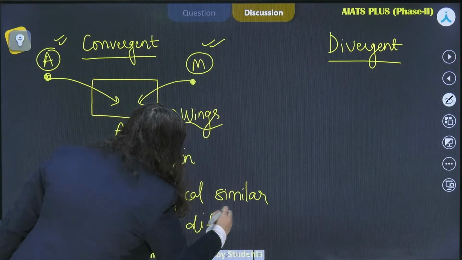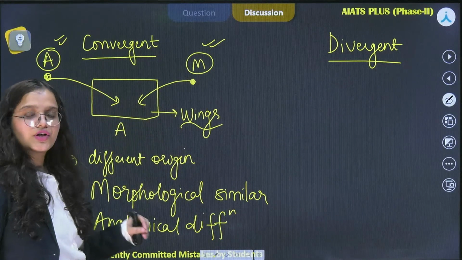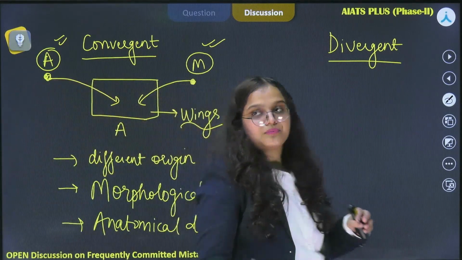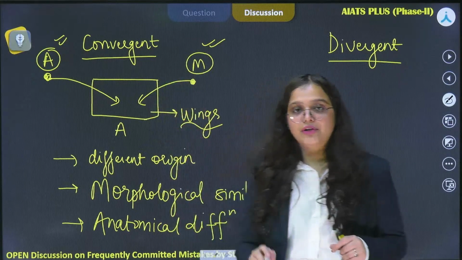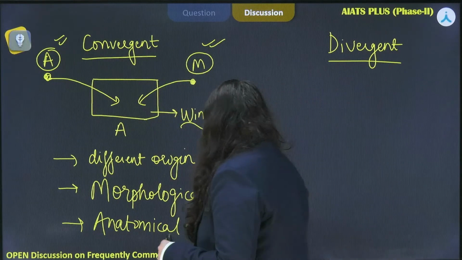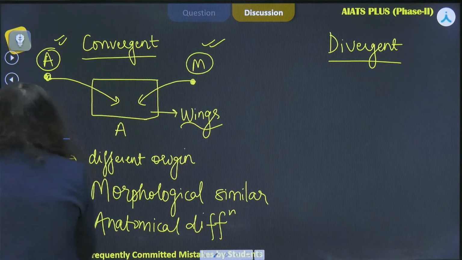But they are doing the same function, and we often call that convergent evolution give rise to analogous structures or analogous organs.